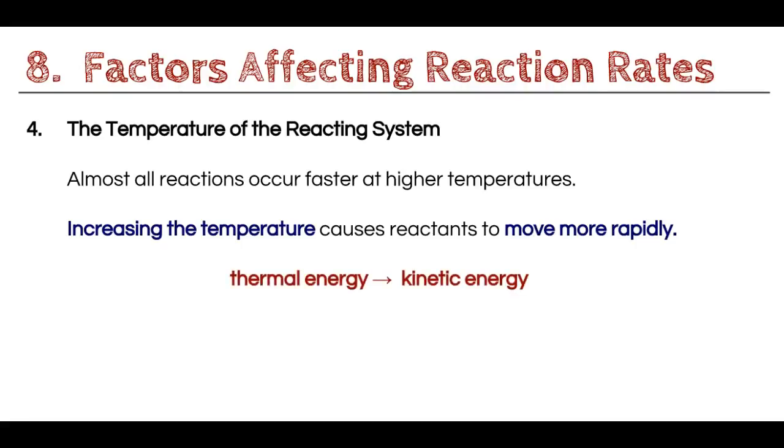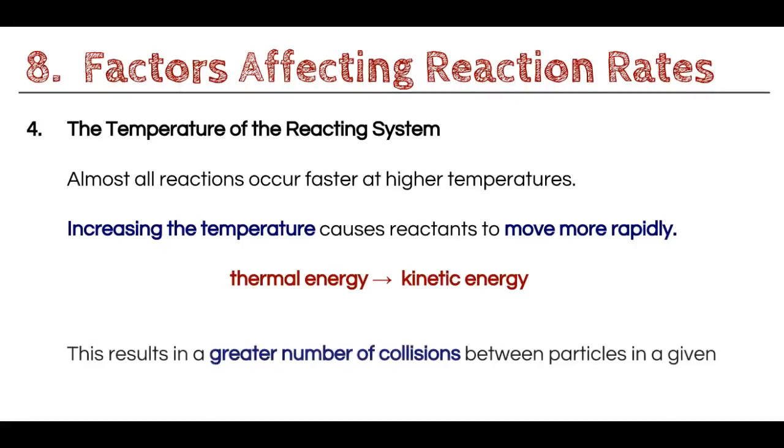When I add thermal energy into a system, that thermal energy transfers to the molecules of that system in the form of kinetic energy, and that kinetic energy is going to cause them to move around more rapidly because, of course, kinetic energy is the energy of motion. So, again, it all comes down to the likelihood of there being a collision between the particles in a particular reacting system, and in particular the amount of collisions per unit time.